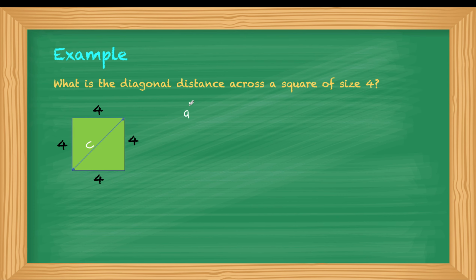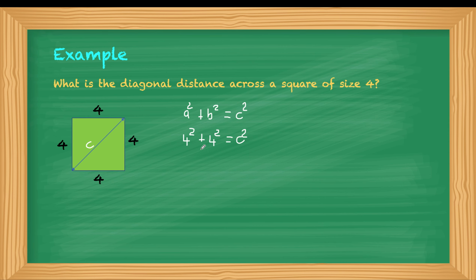We would have a squared plus b squared, which would give us c squared. And c is what we intend to find. So we would have a, which is 4. Because it's a square, you know all sides are equal. So we'll have our a, which is 4, and b, which is also 4, and the aim is to get our c, which is our hypotenuse.